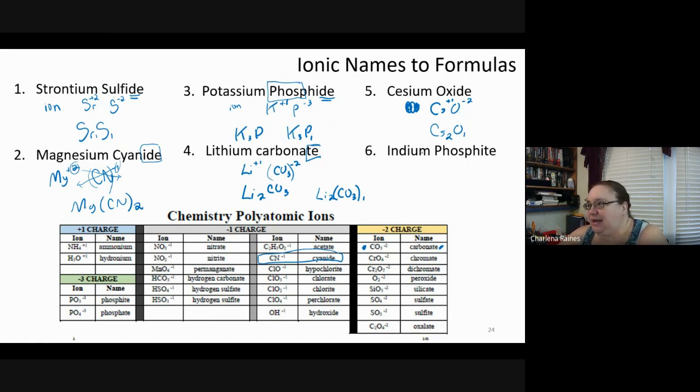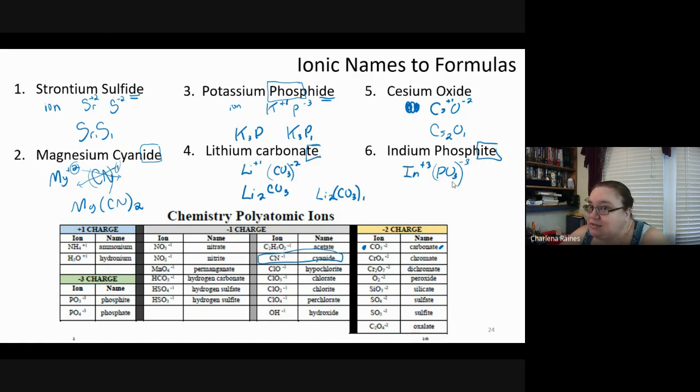So last but not least, we've got indium. Indium is in group 13. And phosphite, that is a polyatomic, PO3 -3. Look at my charges. Can they reduce? Well, yes, they're 2 3s, so they're both divisible by 3. Do they cancel? Yes.